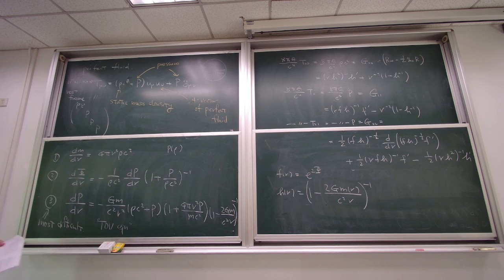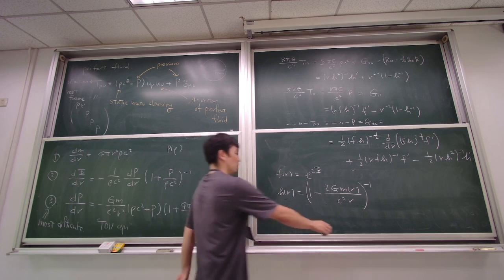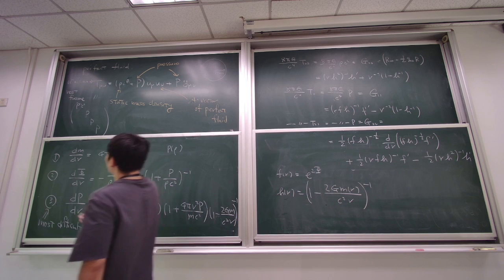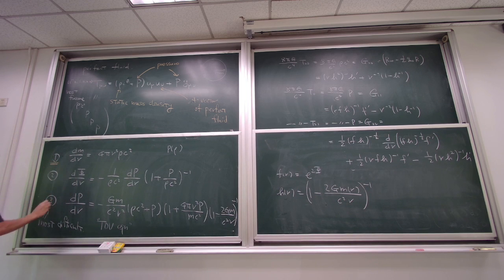As you can easily see, if you compare 1 and 3, what are the unknown variables?